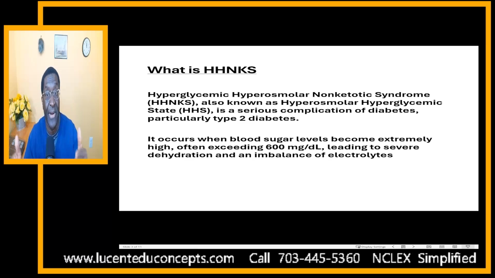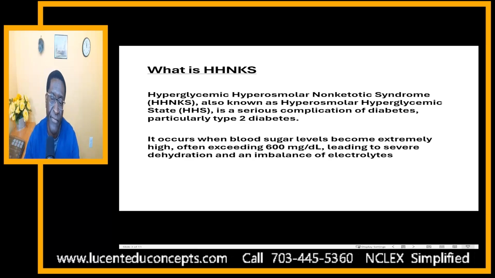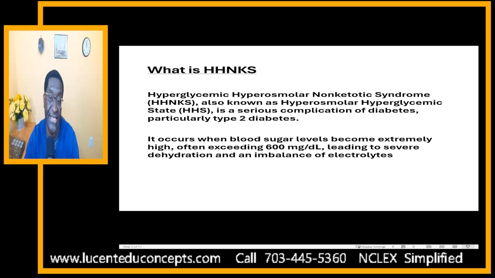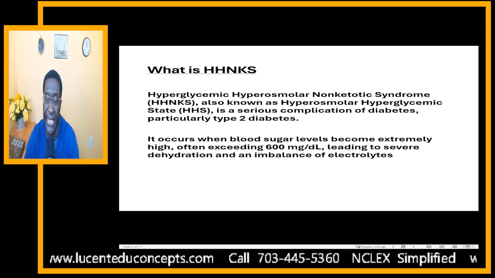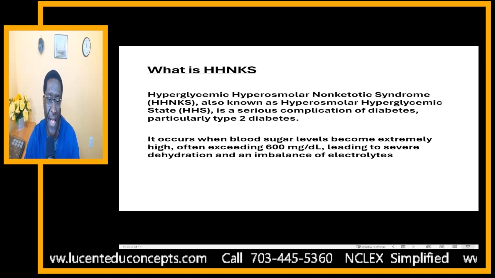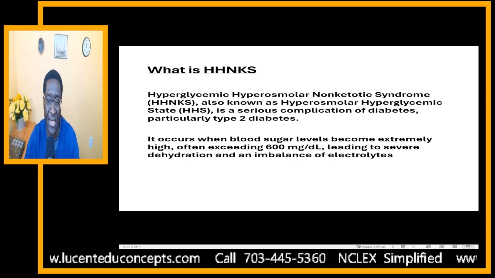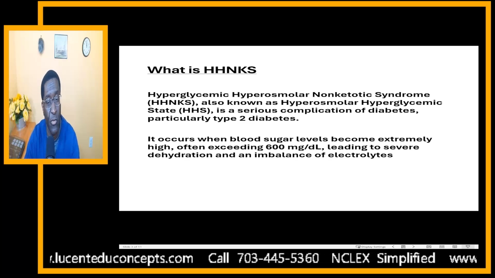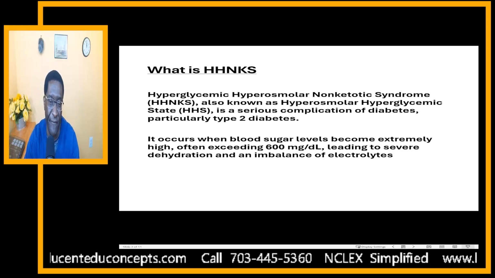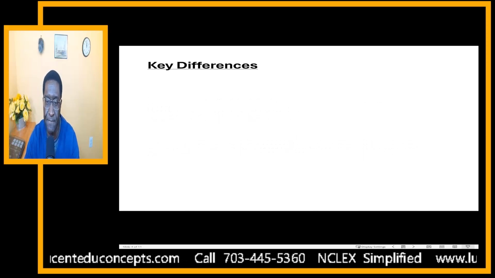You may see it around 300. When HHS occurs, it can lead to severe dehydration and an imbalance of electrolytes. We will take a closer look at what type of electrolytes are affected.